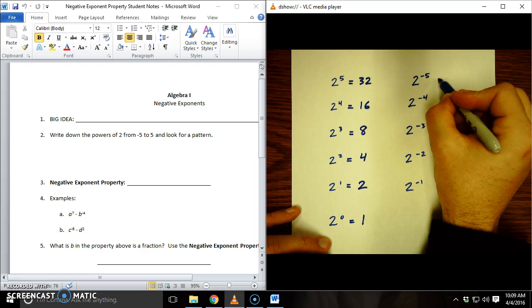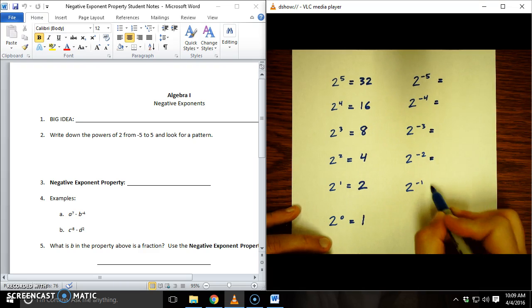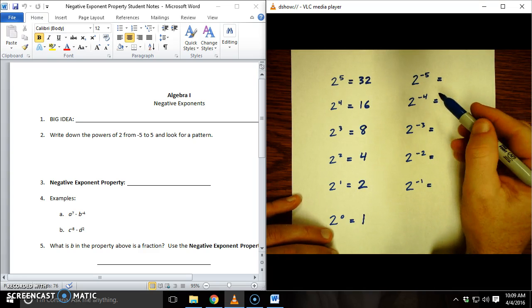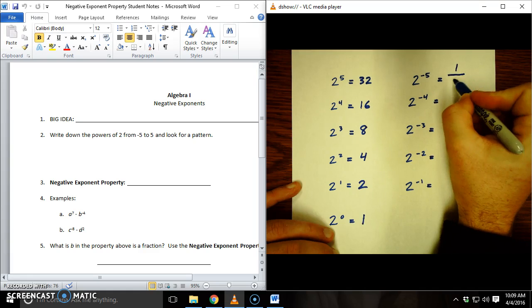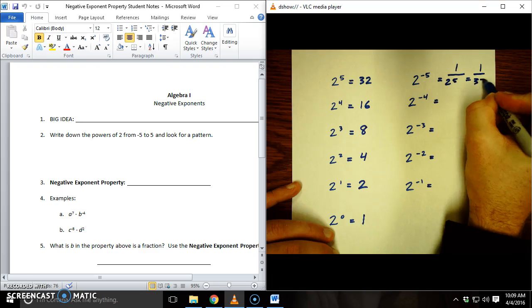And then what I want you to look at is what happens when I do the opposite power. Sometimes you think that a negative power or exponent has to be a negative number, and that's not true. What you actually get is 1 over 2 to the 5th, which is 1 over 32.